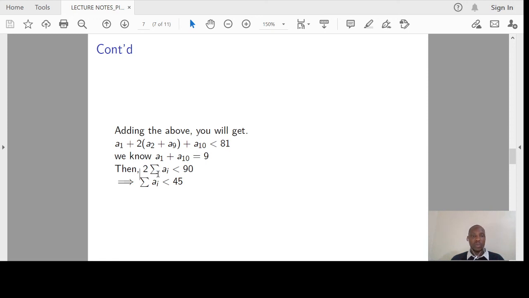So it will run from 2 all the way to 9. It must be less than 90, because we subtracted the 9. Then if you divide the left side by 2 and the right side by 2, you will have the summation of A subscript i from i equals 2 to 9 is less than 45. That's a simple computation, because you're just dividing 90 by 2.